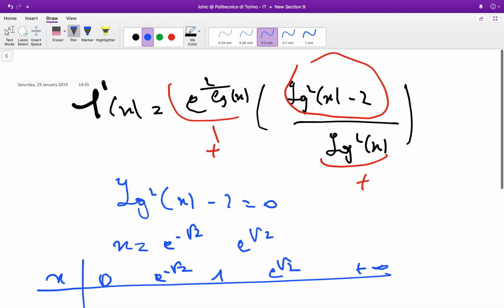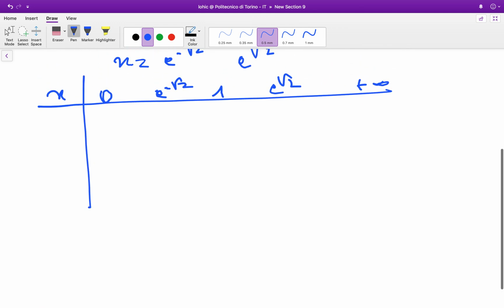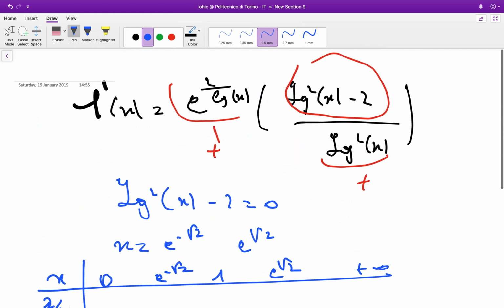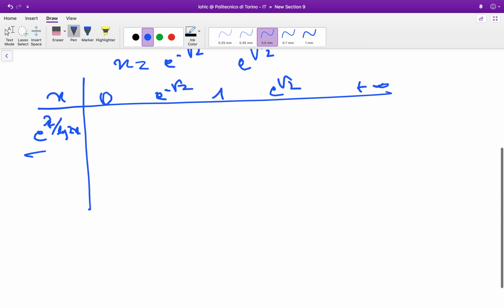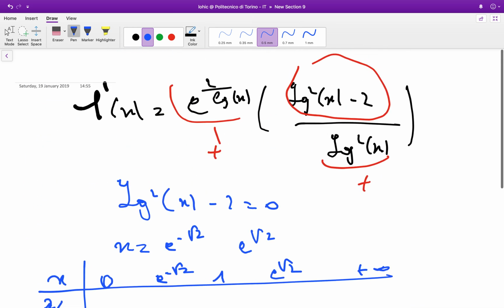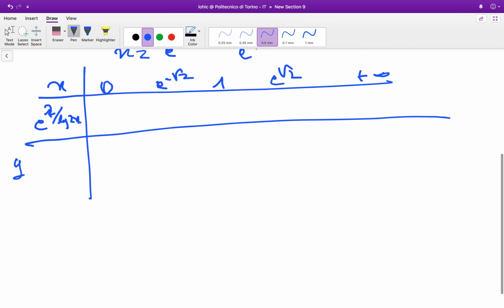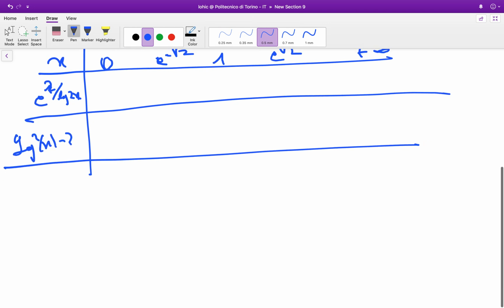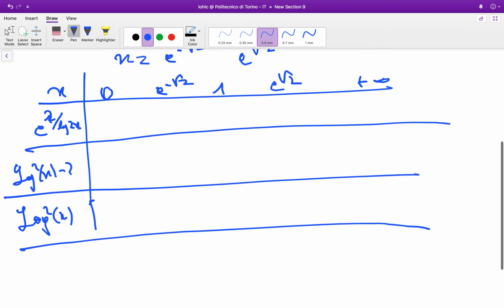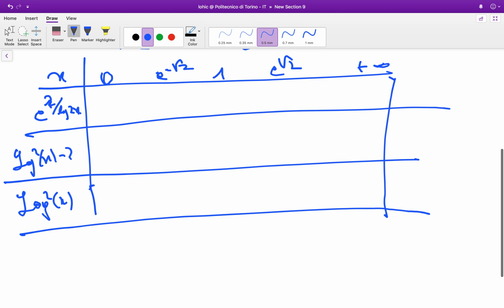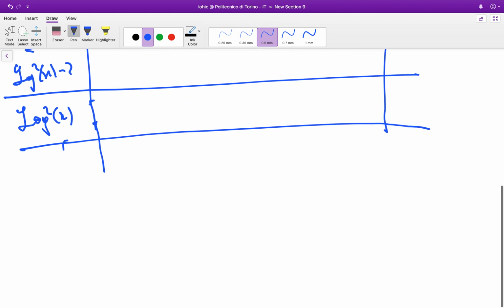Now the components of the derivative are exponential of 2 over log x, right? Then we have another component, which is log square of x minus 2. The third component, on the denominator, is just log square of x, right? Nice. Then we have the derivative f prime.